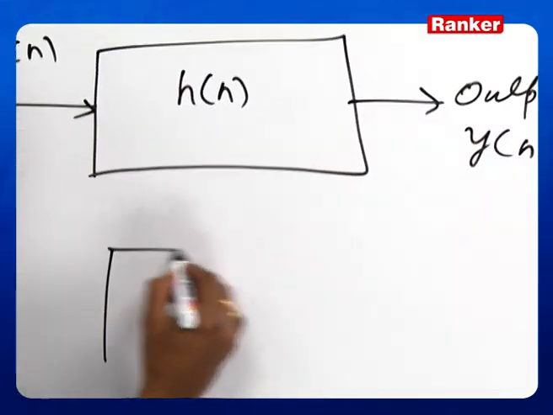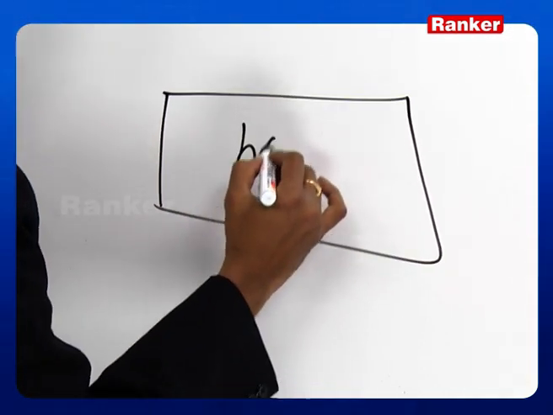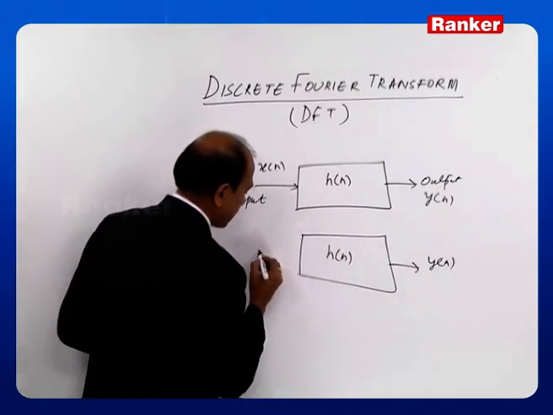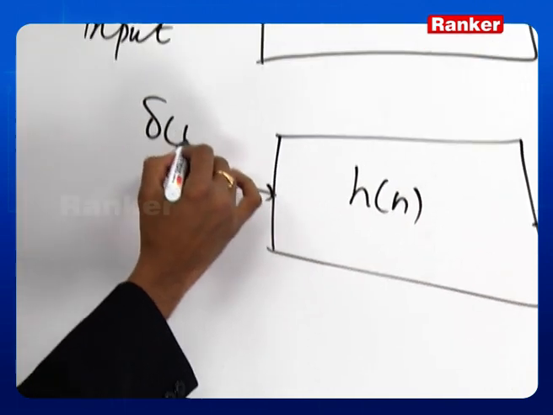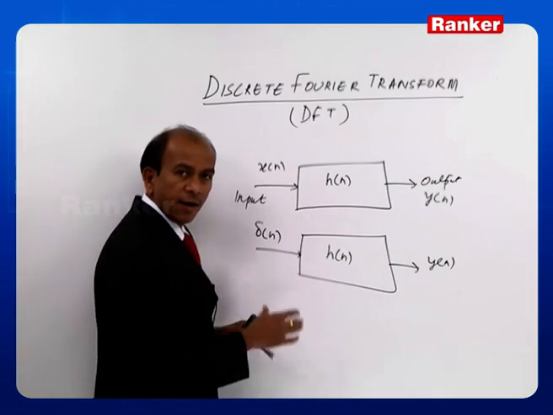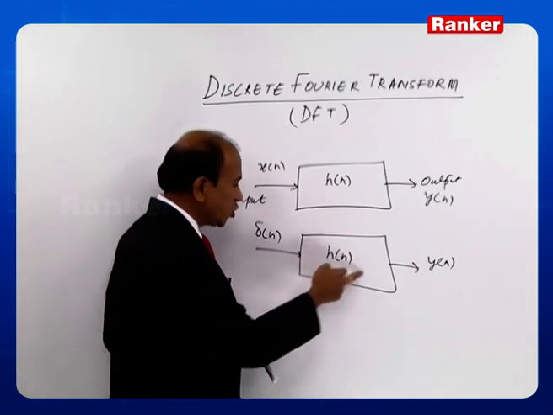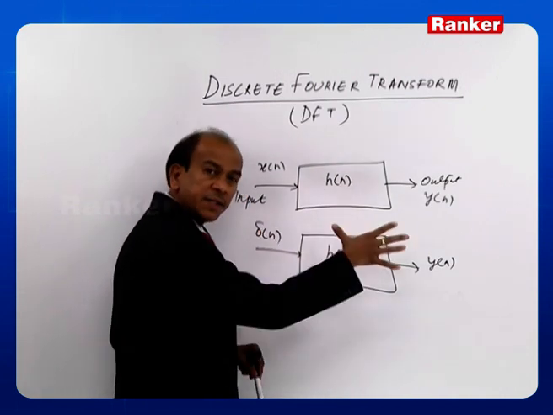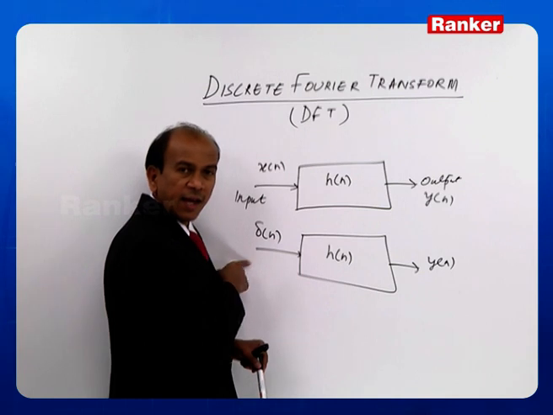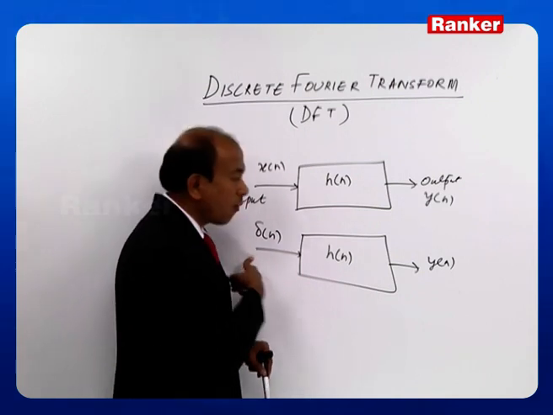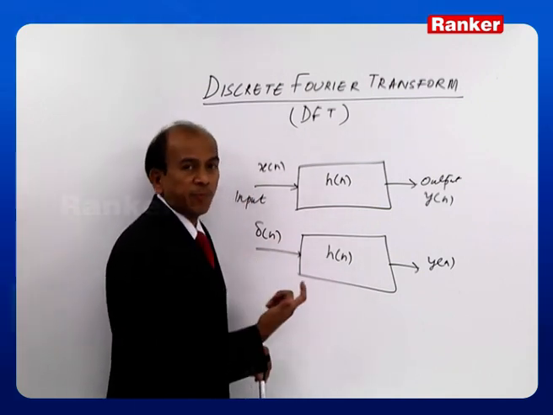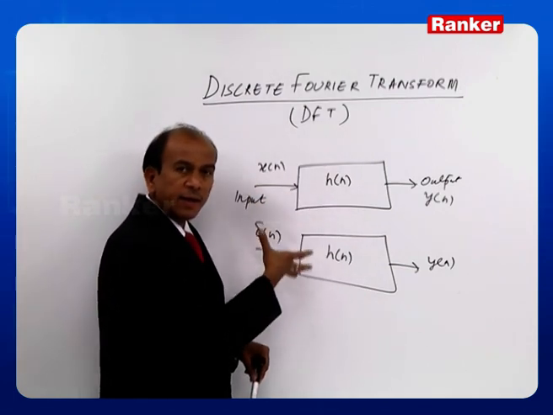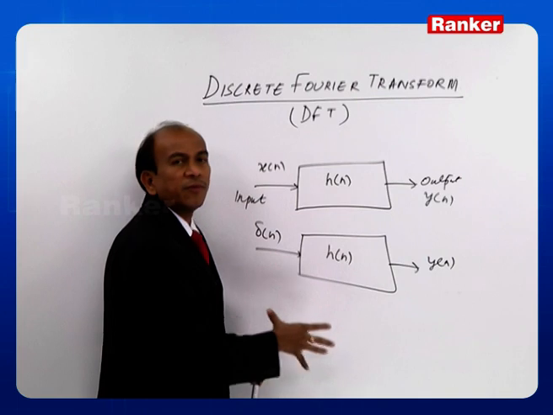Now I can give this as delta of n. So h of n will now determine what the output is when the input is an impulse. So y of n is called an impulse response. This is how we have to look at and understand this type of systems.